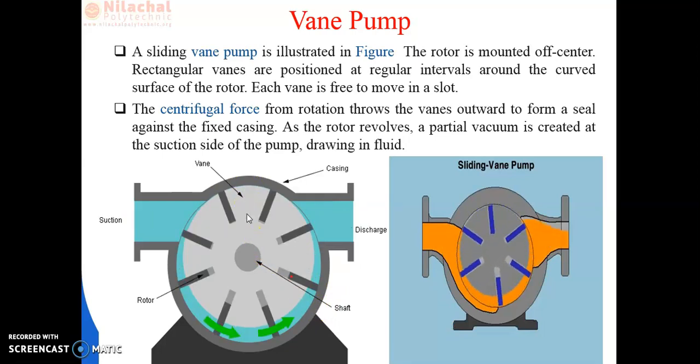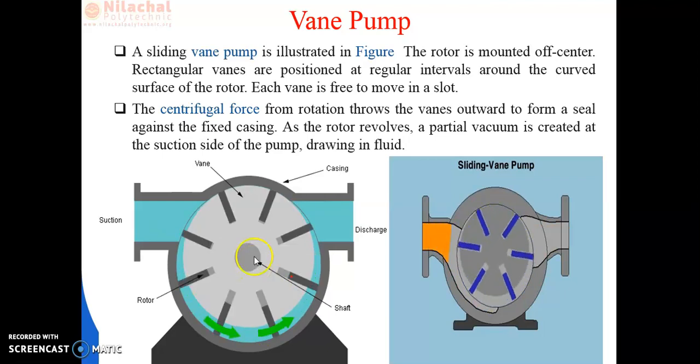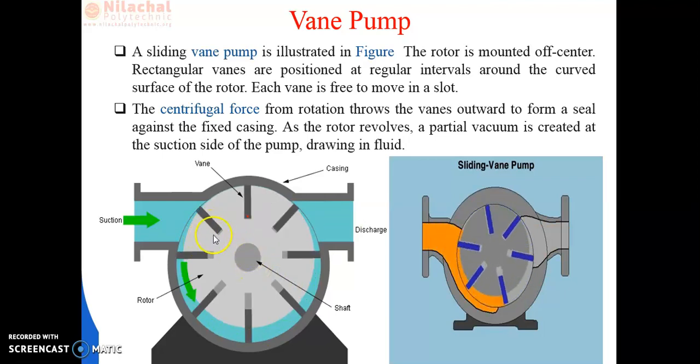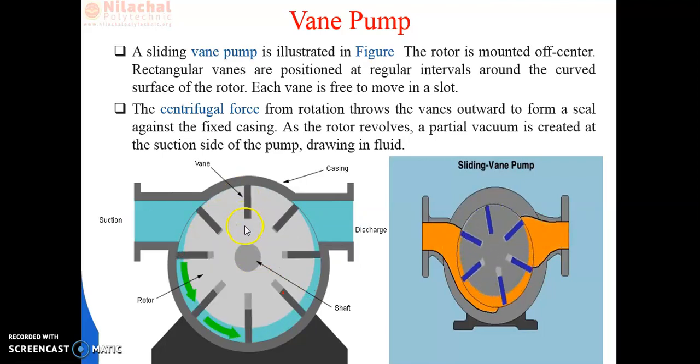Vanes are rectangular cross-sectional rods, which are placed in slots provided evenly upon the rotor of the pump. This is the shaft of the pump. This is the rotor. These are the slots. Inside the slots, the vanes are placed.